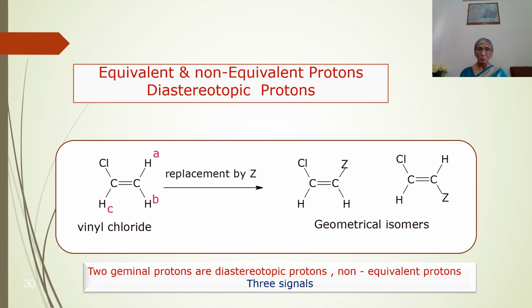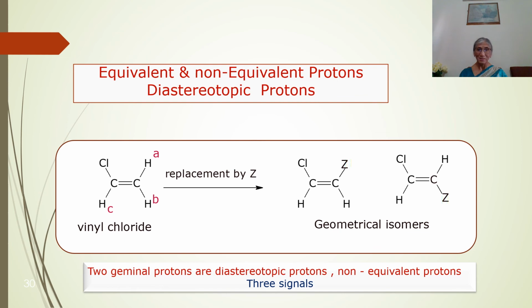Therefore, we can conclude that the two geminal protons present in vinyl chloride are non-equivalent protons. And these two protons are diastereotopic protons. So NMR is capable of distinguishing between diastereotopic protons. They are non-equivalent protons. So in vinyl chloride, we get 3 signals.